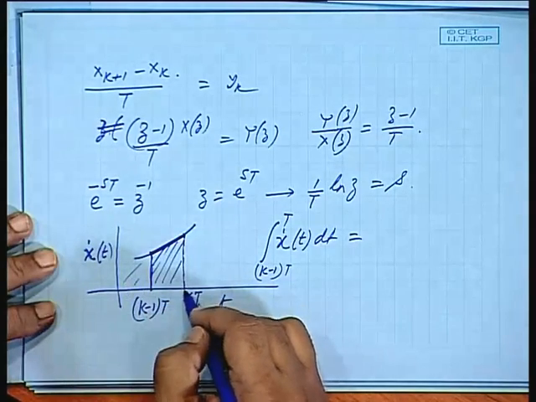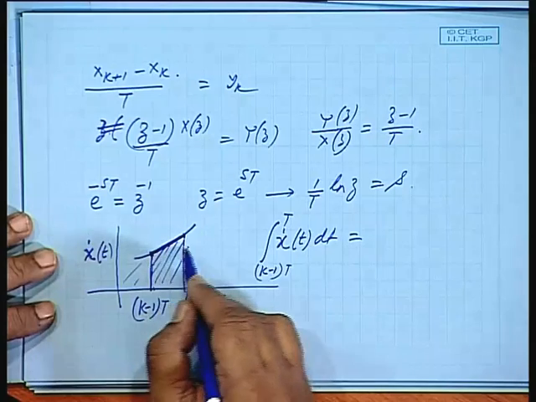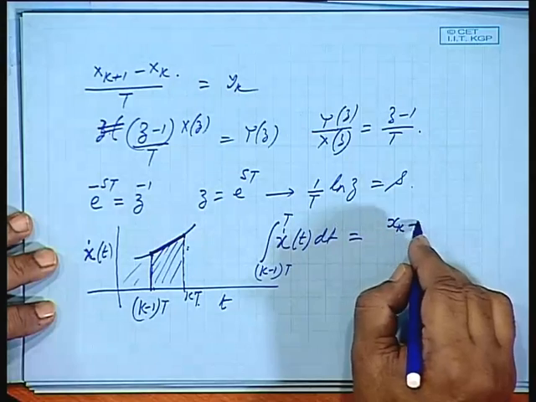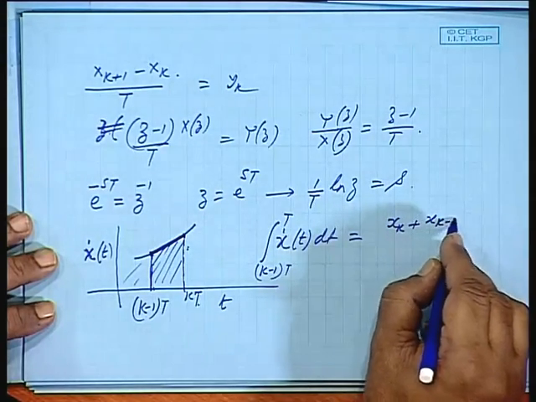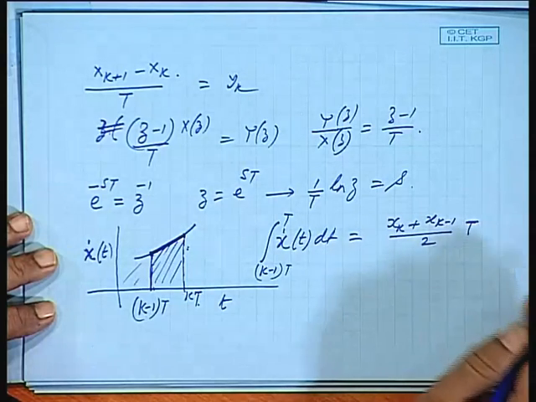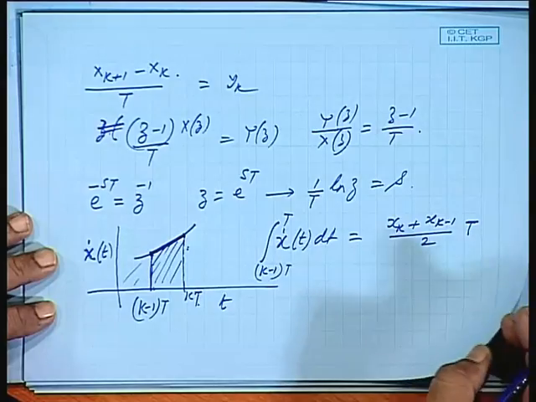It is this plus this divided by 2 into T. Okay. So, it will be (x(k) plus x(k minus 1)) by 2 into T. Is that all right? Is this okay?